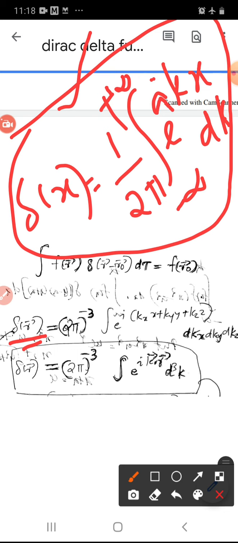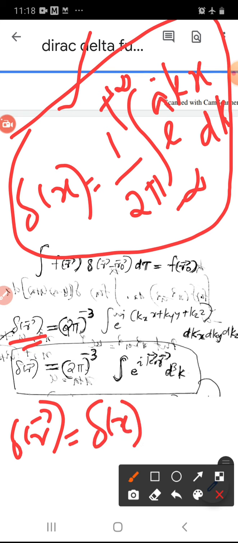So you combine these. Delta r is delta x, delta y, delta z.